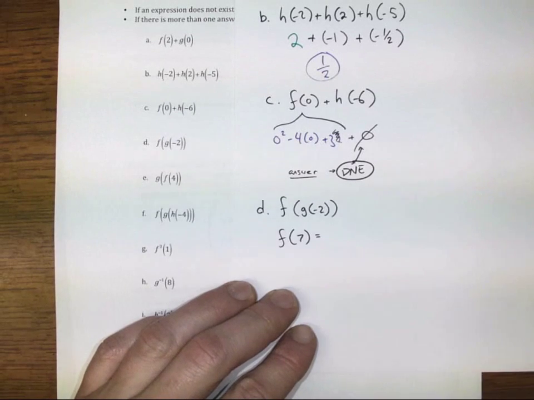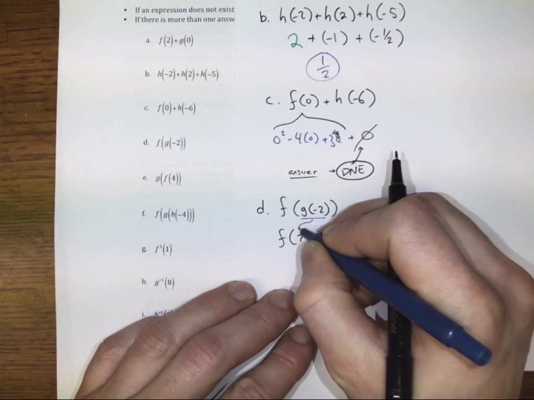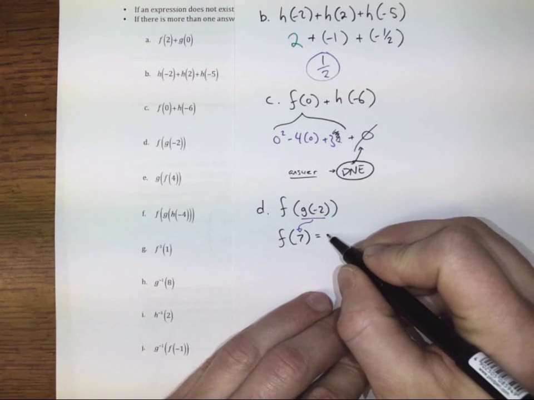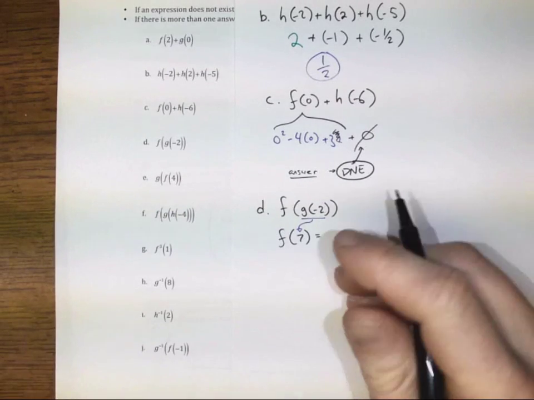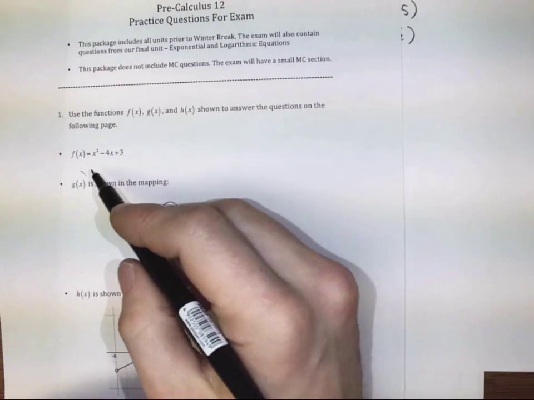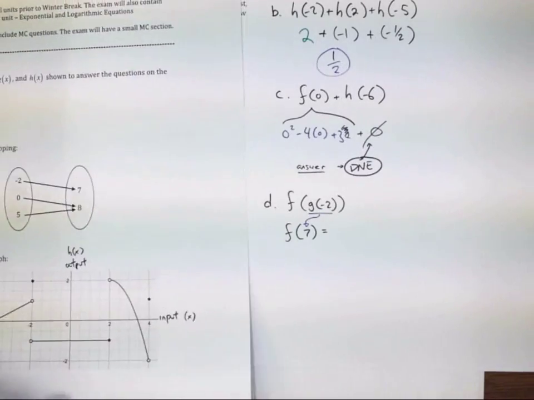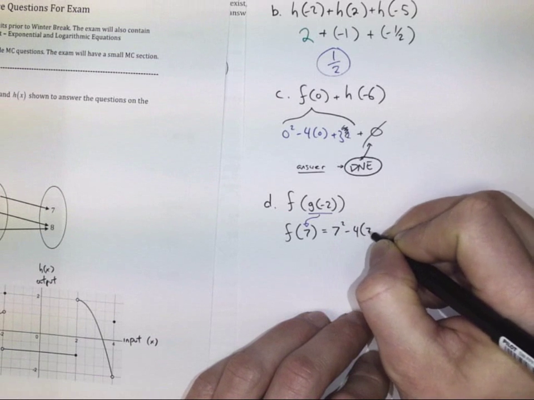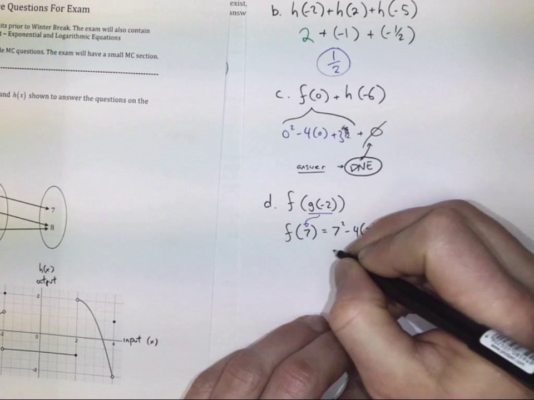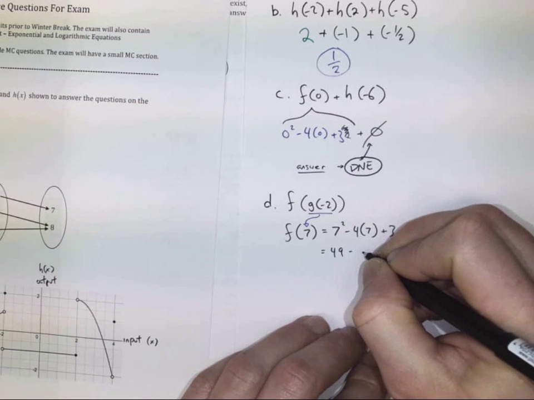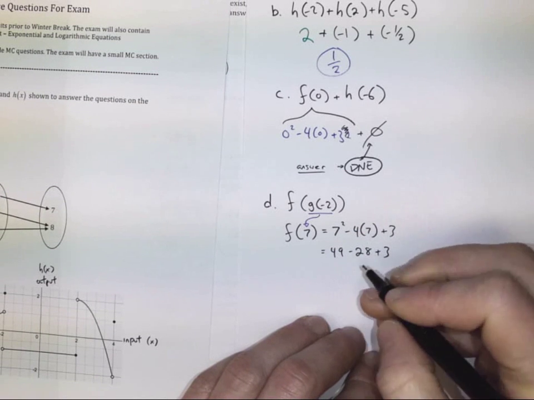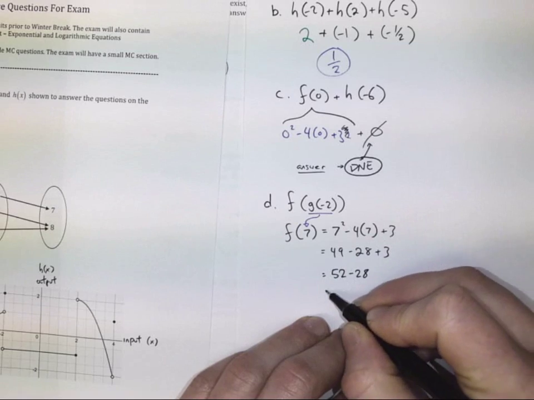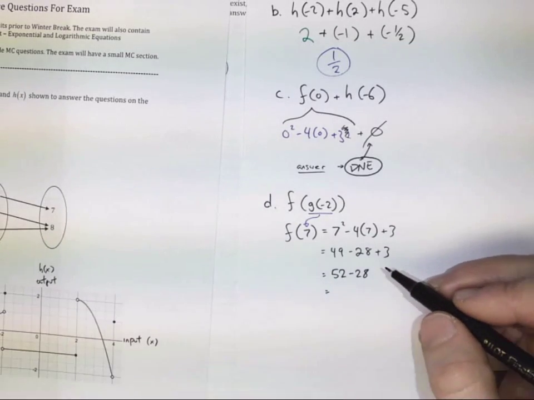Because g of negative 2 is 7, that gives us a value for the f function, which is right here. It says x squared minus 4x plus 3, so it'll be 7 squared minus 4 times 7 plus 3, or 49 minus 28 plus 3, which is 52 minus 28.